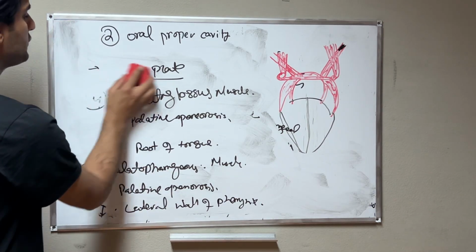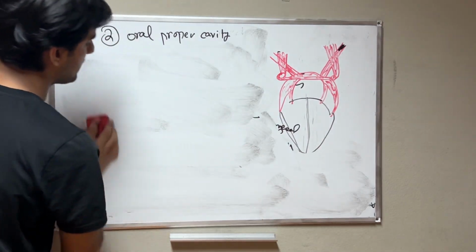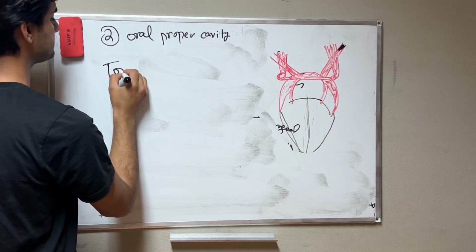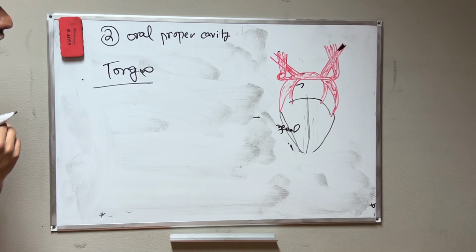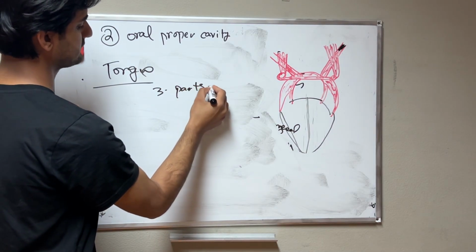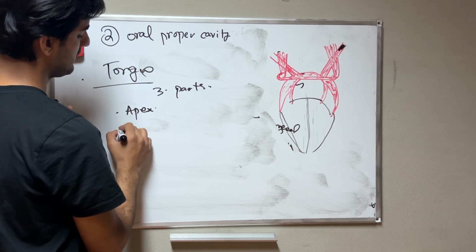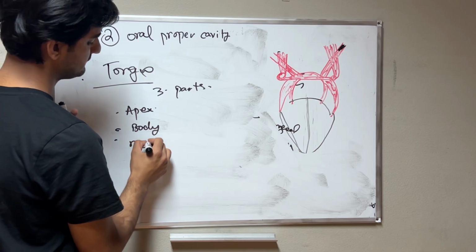Now the third is the tongue, a muscular organ in the oral proper cavity. Talking about the tongue, we have 3 parts: apex, body, and root.